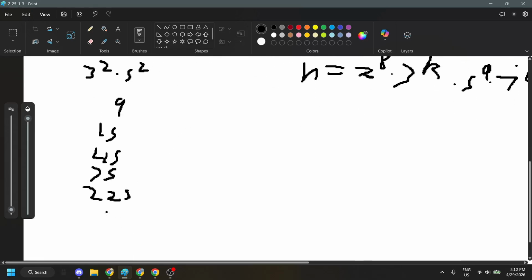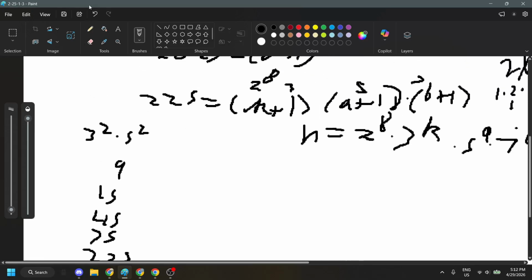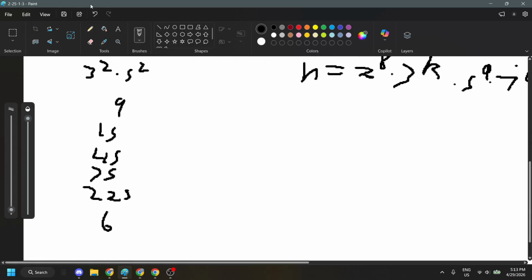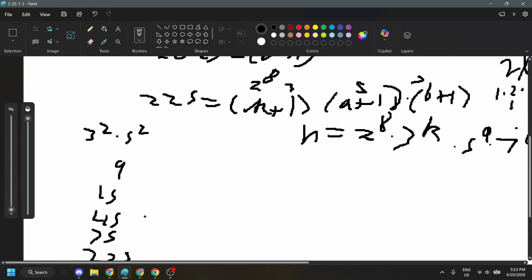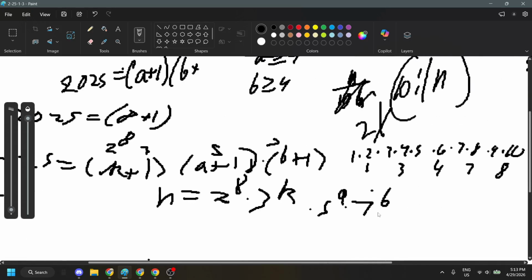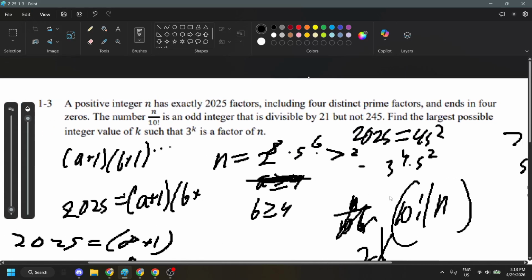So if this is a, what else are our other constraints?